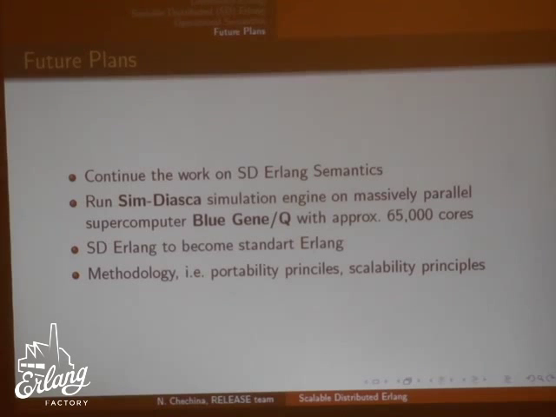Yes? The simulation you referred to with 65,000 cores, how many nodes? Right. It's a Blue Gene. I think Kostis is not here. I asked him today, but my focus was about how many cores there. With Erlang, you care a lot about the number of nodes. Right, yes. I think it's either 32 or 64 cores per node.